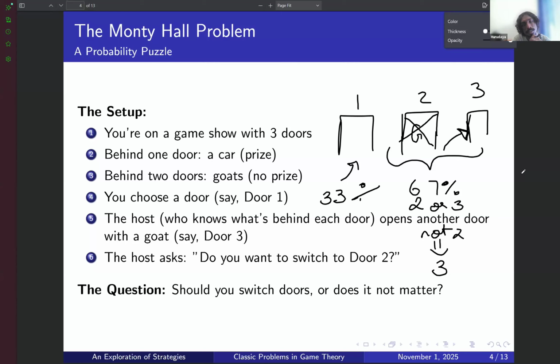This is an interesting problem. Could you just repeat your argument? Sorry, I lost you halfway through it. So instead of thinking from the door's perspective, if we think from our perspective, we get a second explanation. Let's say we want to only stick and we will never listen to the option of switching.